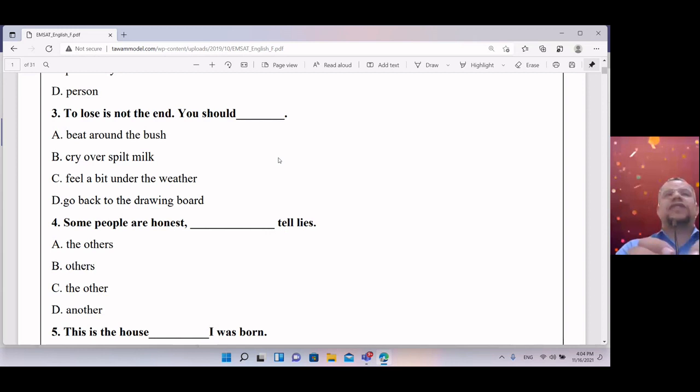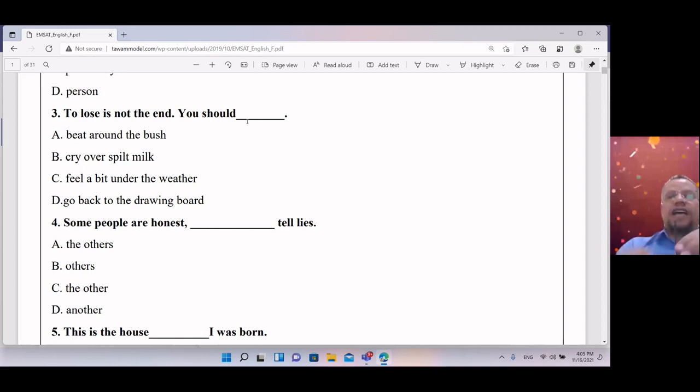To lose is not the end. You should... Now I have to take a verb, but it may be only a verb or a verb with a phrase. If I have a phrase with the verb, it's one of two types: maybe a usual sentence or maybe English idioms. English idioms, that means you have to keep them as they are. As I told you before, an English idiom is different from the literal meaning in Arabic in your mind.